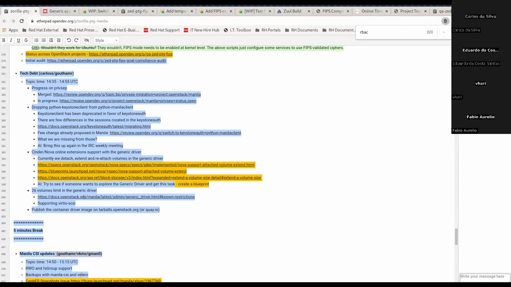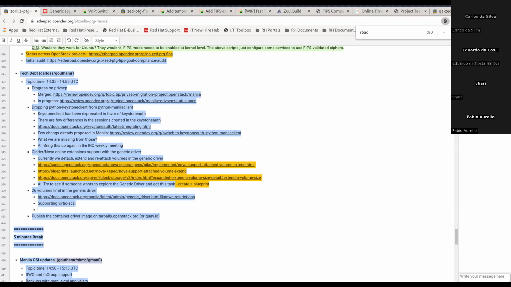We could set up the Manila flavor that's being tested in the CI, and try to run a test which does more than 26 volumes. That's, I think, what's pending here. And so we could pop off that known restriction and add a note showing how you can do this in a production cloud. So that's kind of the action item here, I think.